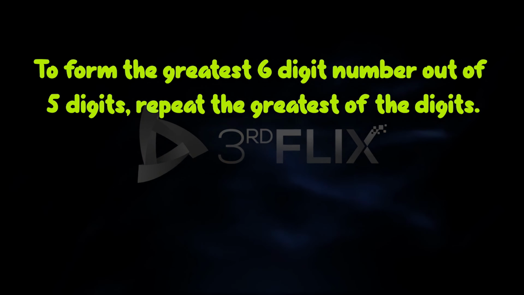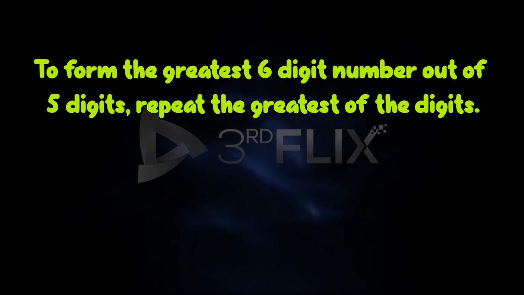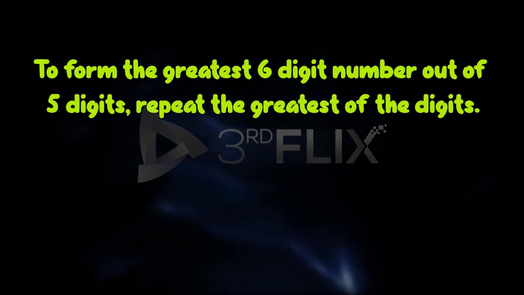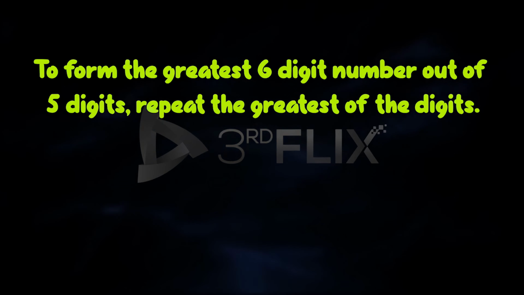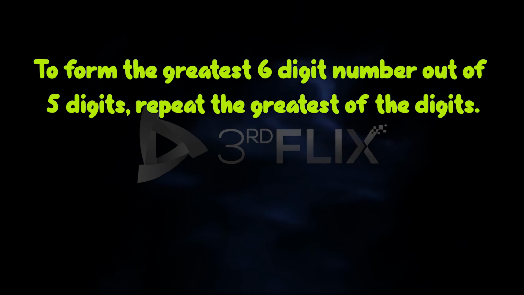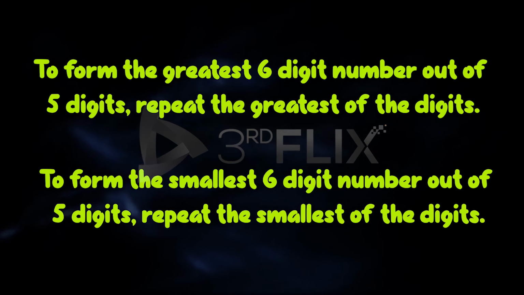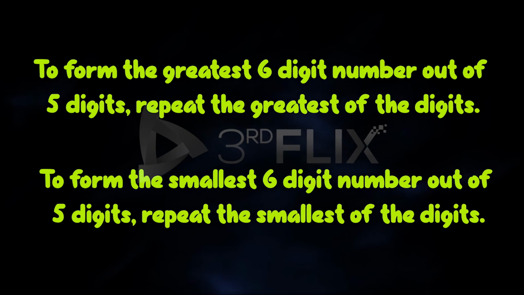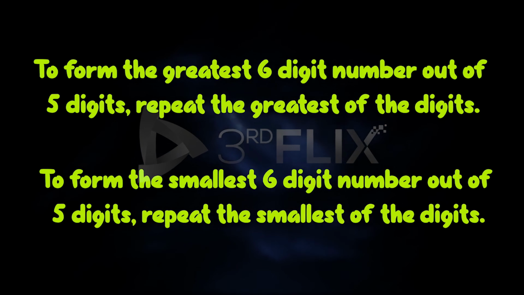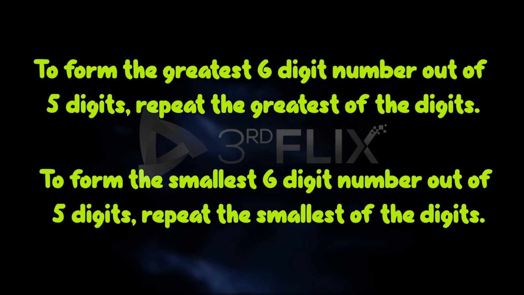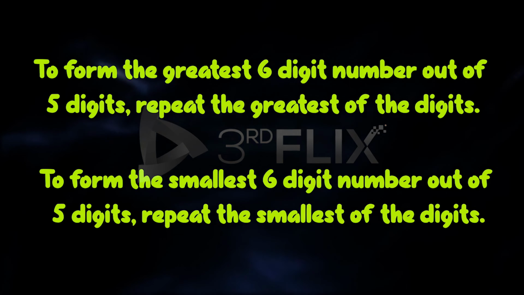To form the greatest 6-digit number, out of 5 digits, repeat the greatest of the digits. To form the smallest 6-digit number, out of 5 digits, repeat the smallest of the digits.